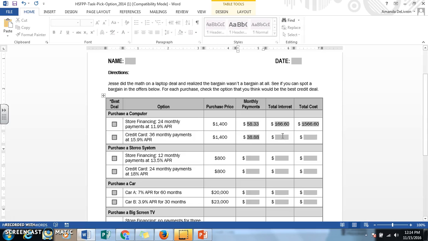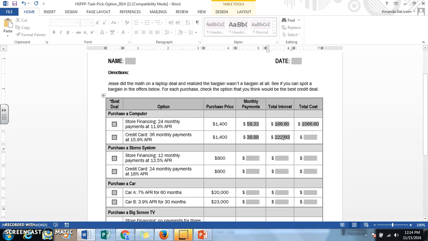The total interest, I would take $1,400 and multiply that by 0.159, and I get that that is $222.60.